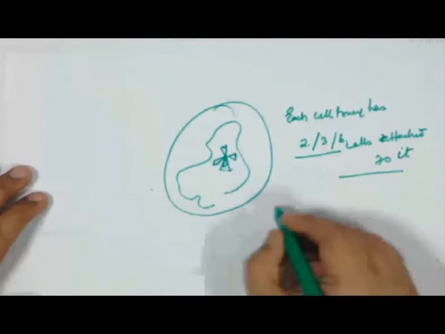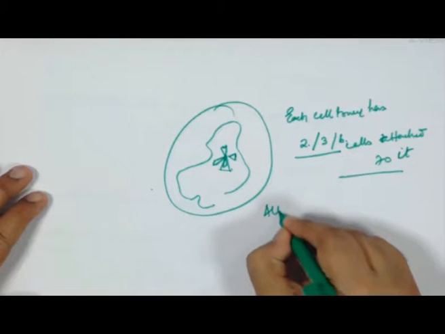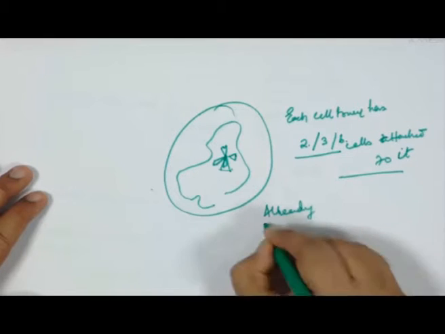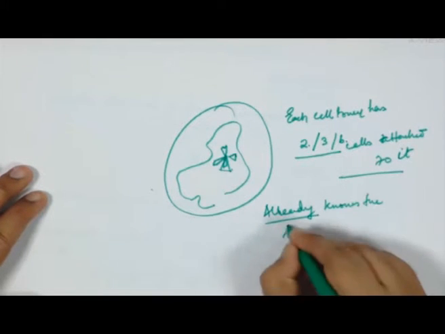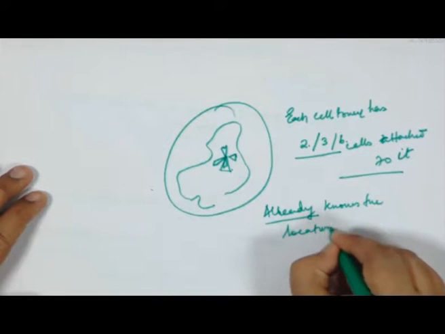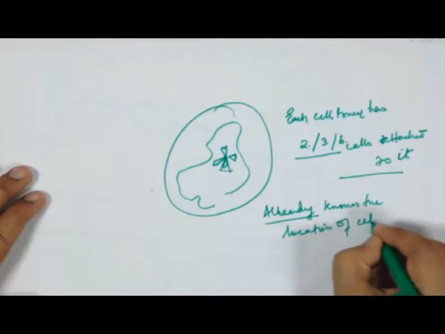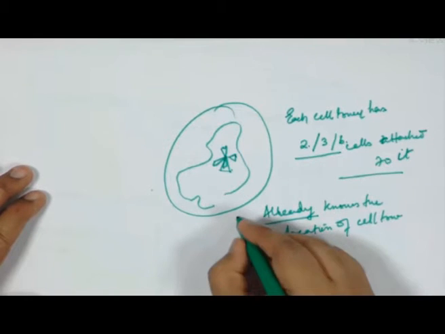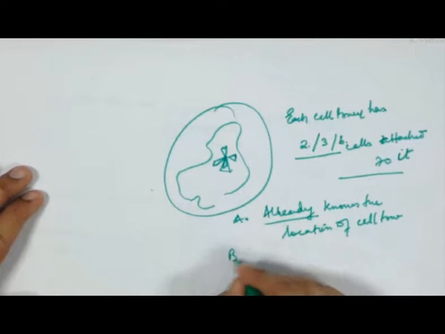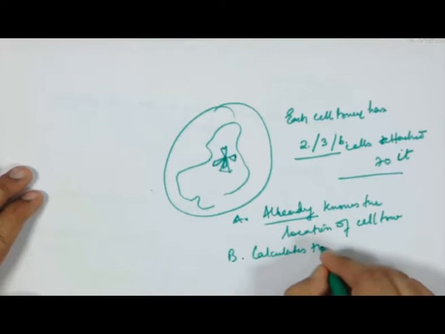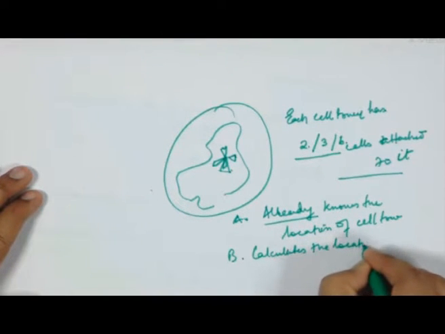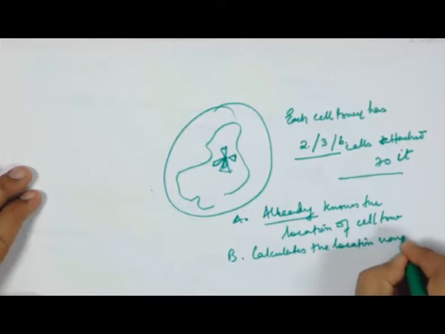So they already know the location of the cell tower, and they calculate the location using their algorithm.